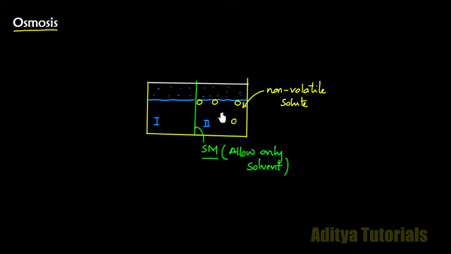They are present inside also, but some molecules may be present at the surface. Now look at the surface area. In compartment number 1 the surface area is large because only liquid molecules are there. But in this case the surface area is reduced because it is occupied by non-volatile solute particles. Only a portion of the liquid remains from which vaporization takes place.